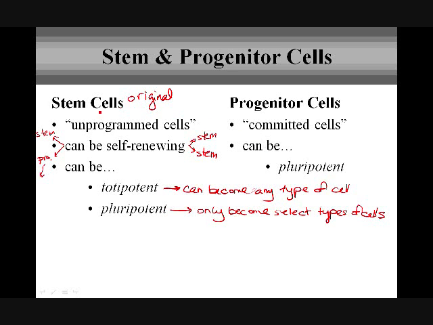This is the idea of stem cells later in the progression, later throughout division, and progenitor cells. They're pluripotent because they don't have the potential to become any type of cell. They have a specific class or group of cell types they belong to, and then they'll be able to become anything within that group. So there are limitations set for pluripotency.